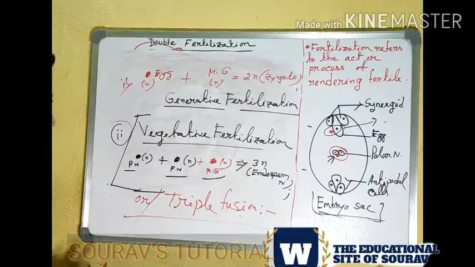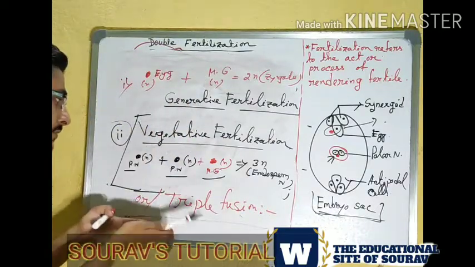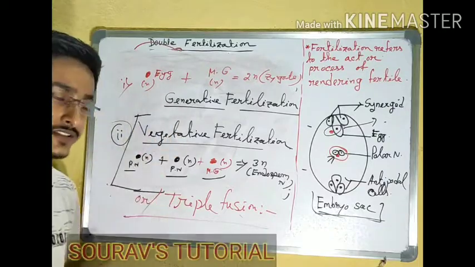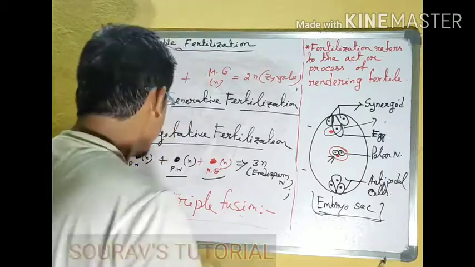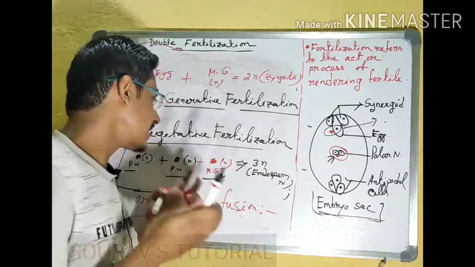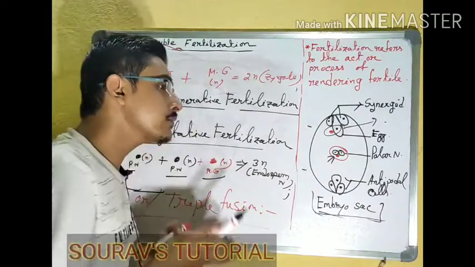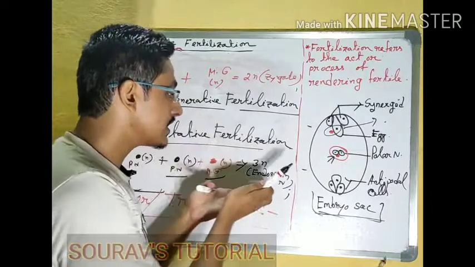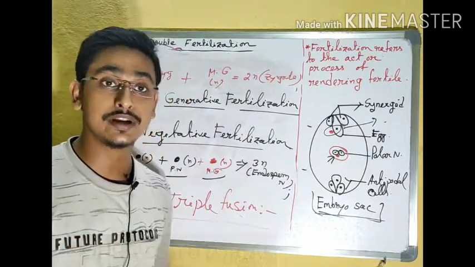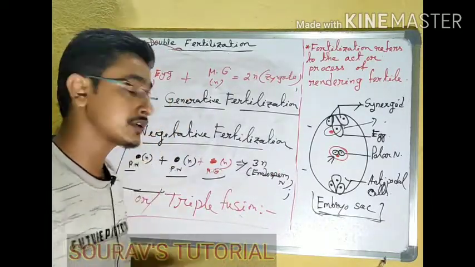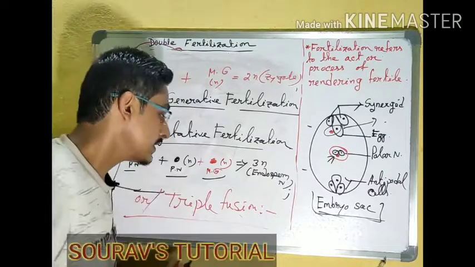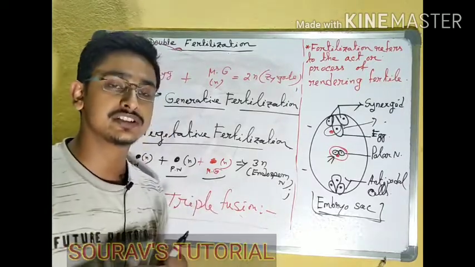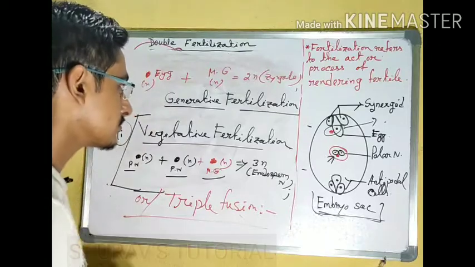So triple fusion means the vegetative fertilization. Why is it called triple fusion? Because there is the involvement of 3 nuclei and it also forms the 3N, that means triploid endosperm. That's why we call it triple fusion. Fusion means combining with each other. So that's the topic.